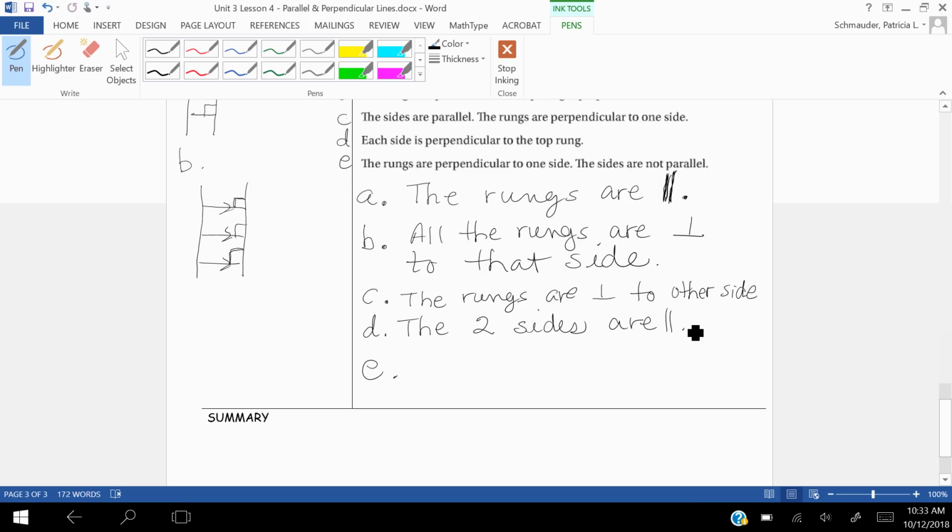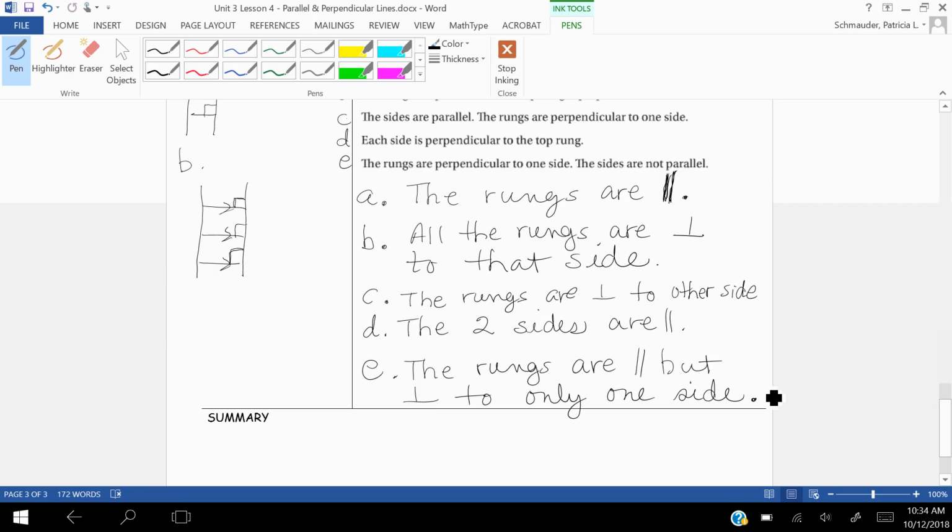And finally, the last case, the rungs are parallel, but perpendicular to only one side. That side that it talked about in the scenario.